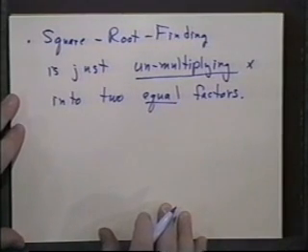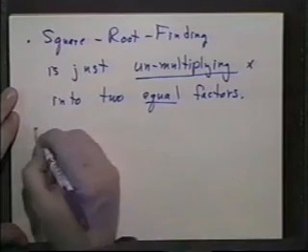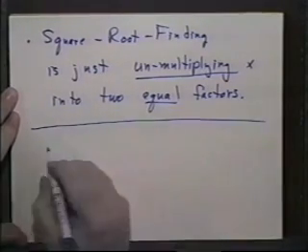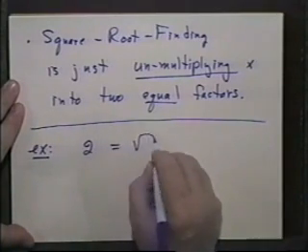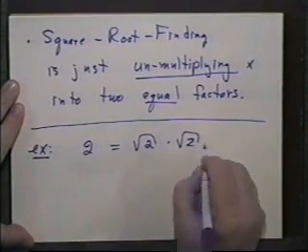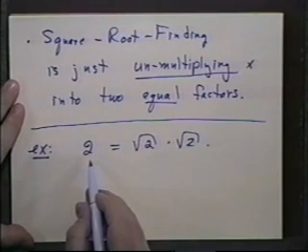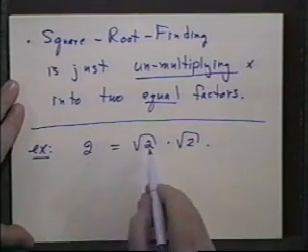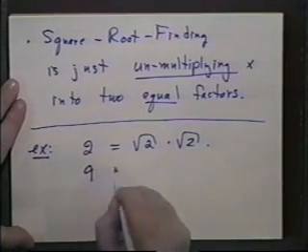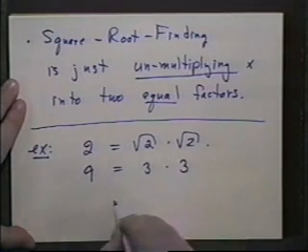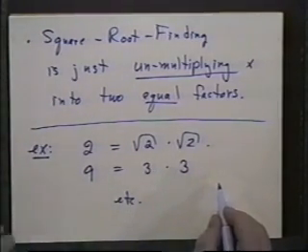And you can do that, as the theorem said, with any positive number or 0. And just to repeat myself here, by example, 2 is equal to the square root of 2 times the square root of 2. I have taken 2 and unmultiplied it, we'll later call that factoring, into 2 numbers which are the same, square root of 2. 9 is 3 times 3, etc. So that's what square root finding is.